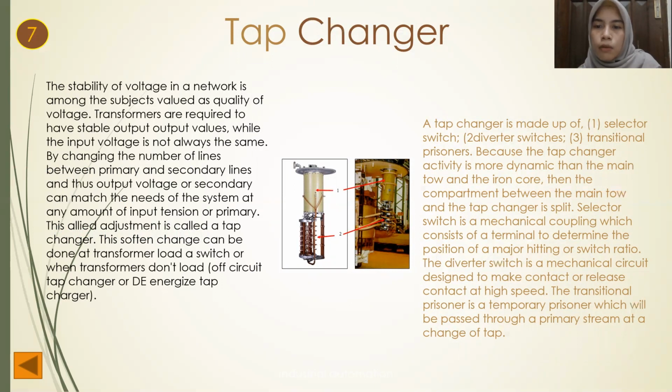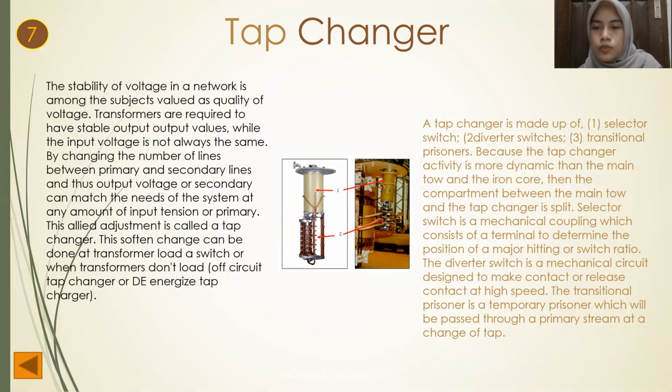Then the compartment between the main tank and the tap changer is split. The selector switch is a mechanical coupling, which consists of the terminal to determine the position of major tapping or switching ratio.